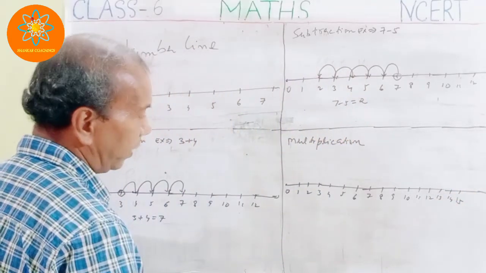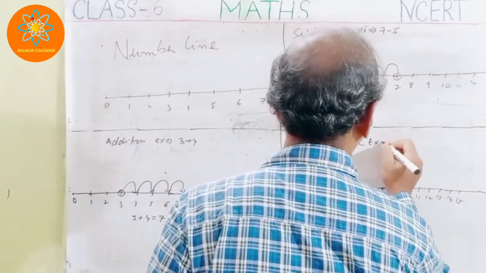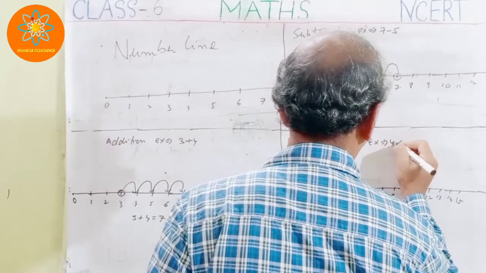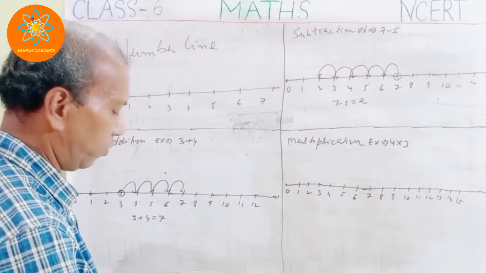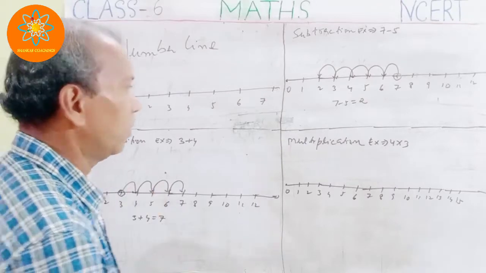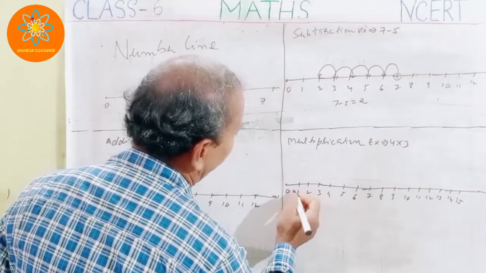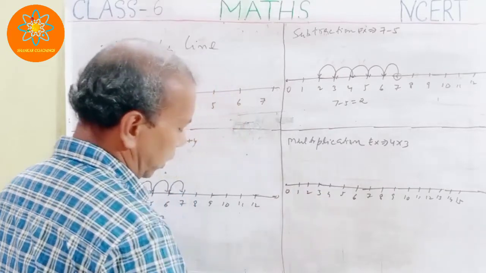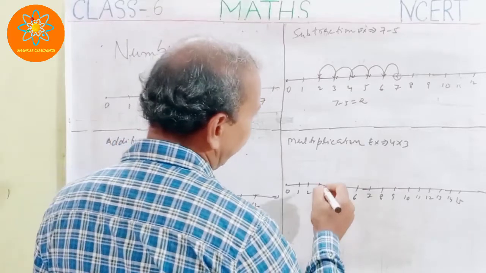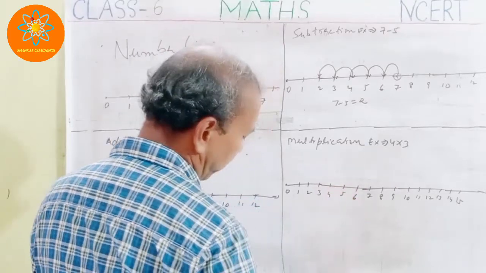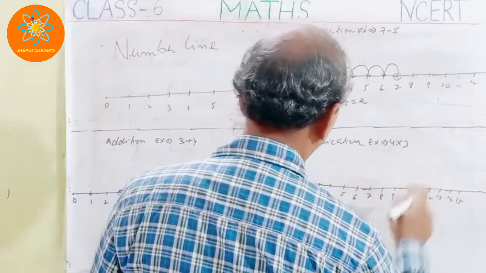And I want to find 4 into 3. Means I will take this 4 interval, 1, 2, 3, 4, and then I will go to 3 times.